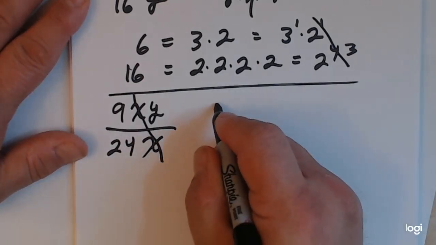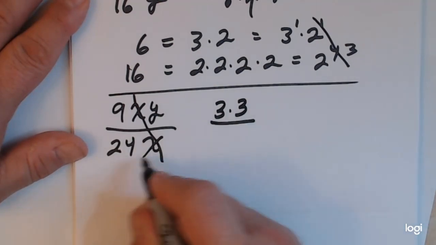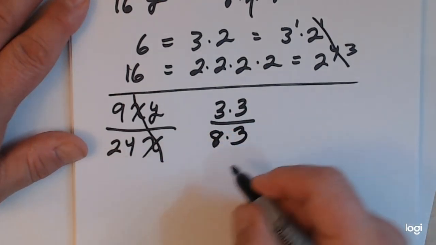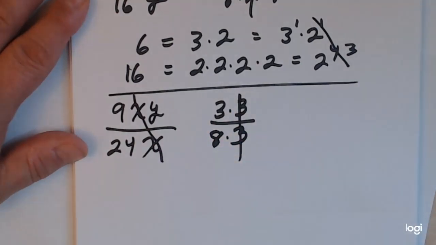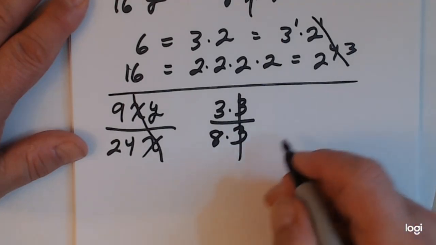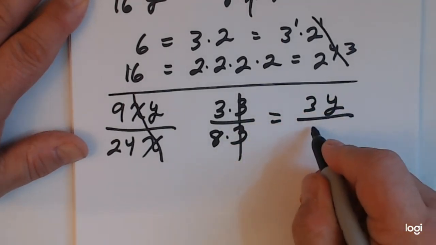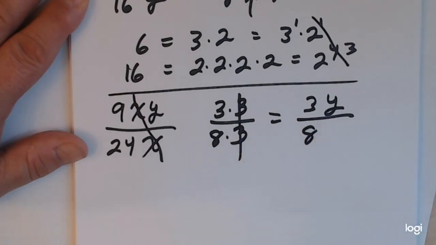Well, 9 is 3 times 3, and 24 is 8 times 3. So we can get the 3's to cancel there, and that leaves us with a 3 over 8. So this is going to be equal to 3y over 8.